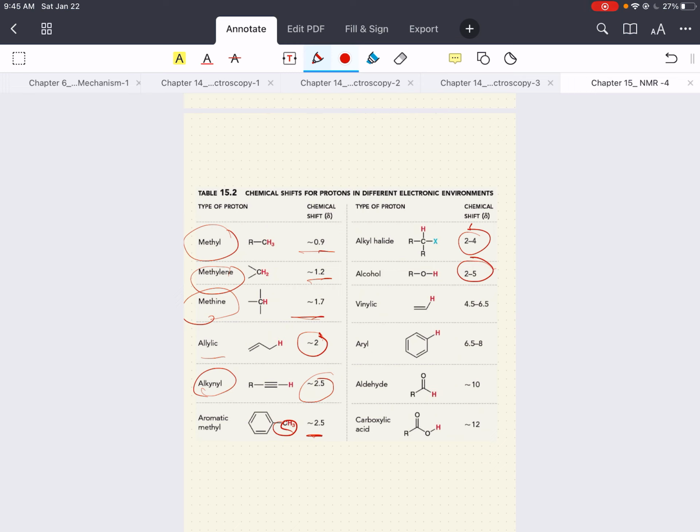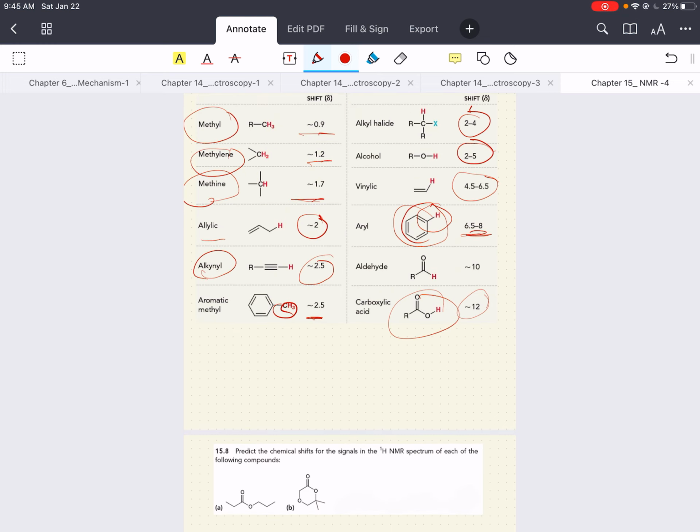Alcohols are anywhere between 2 and 5. Then vinylic positions, aryl positions. Whenever you have hydrogens on an aromatic ring, you'll see that around 6.5 to 8. These are really good numbers to keep in mind. Carboxylic acids around 12. Good things to keep in mind. Remember the effects of alpha and beta positions whenever you're calculating the chemical shift of each position.